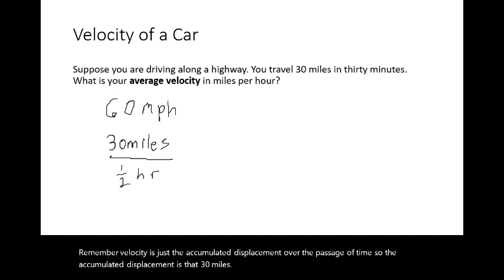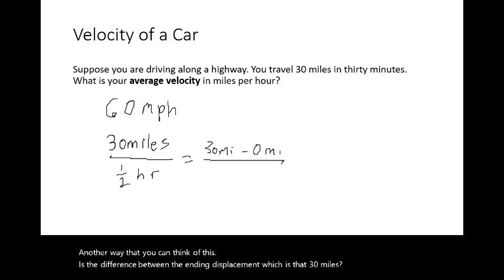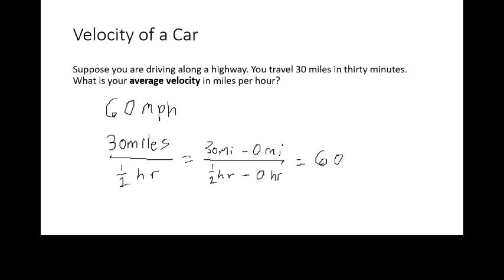Another way to think of this is the difference between the ending displacement, 30 miles, and the starting displacement, 0 miles, divided by the ending time, 1/2 hour, minus the starting time, 0 hours. In either case, you get an average velocity of 60 miles per hour.